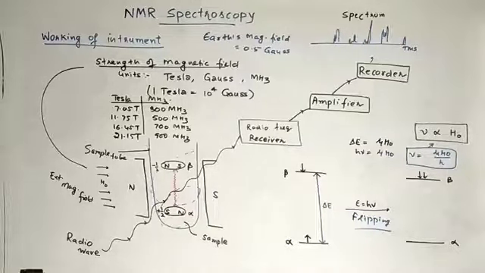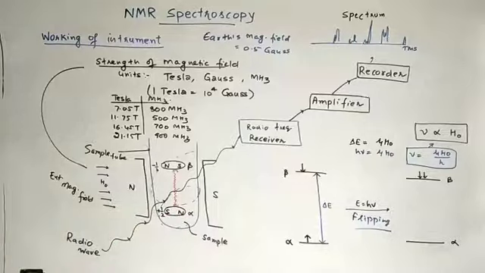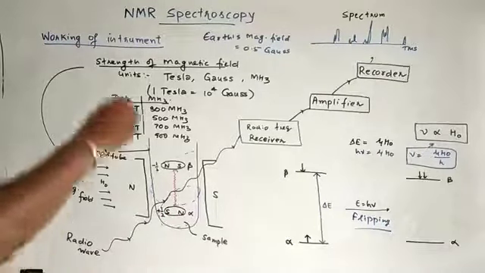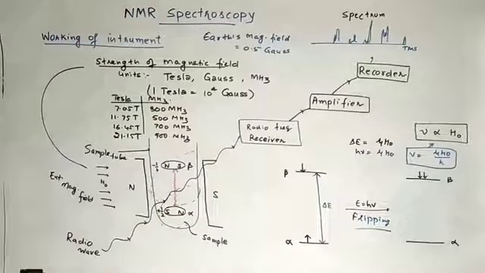The technician will put the sample into the tube and add 0.5 ml of CDCl3 or DMSO, which is sufficient for solution formation, and a very small amount of TMS. Then the sample tube is put in between the magnetic field, which is part of the instrument. You can't see the magnetic field; there is just a vacant space to insert the tube, and then scanning starts.